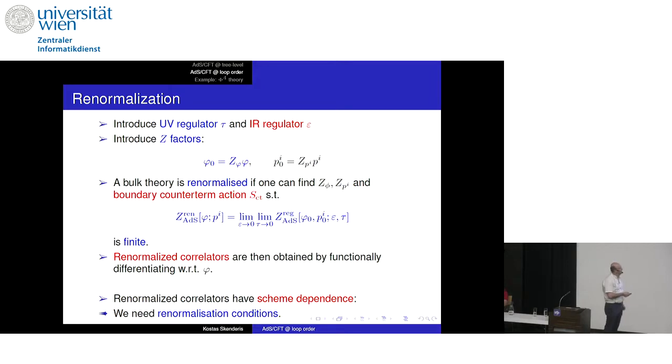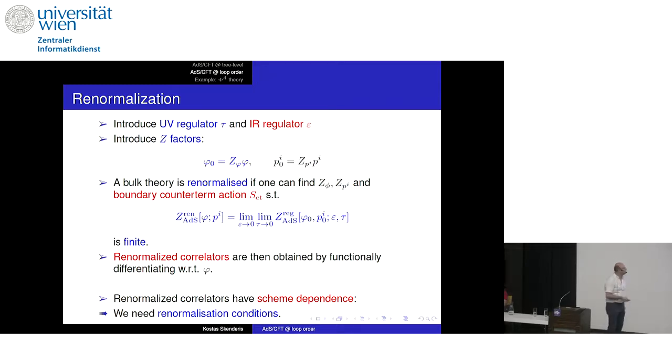So this would depend explicitly on the two regulators, and then it would depend on the z factors through the bare couplings. And then we want to have the z factor such that all the epsilons and tau cancel out, and we're left with something which is finite.